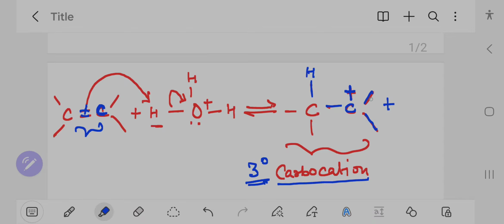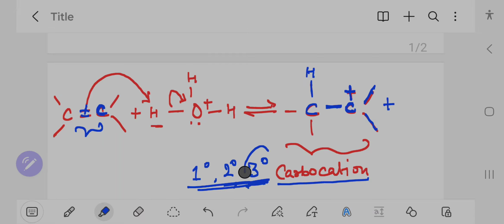This carbocation can be tertiary, primary or secondary. If this carbon is attached to only one carbon, it will be primary; if it is attached to two carbons, it will be secondary; and if three, tertiary.